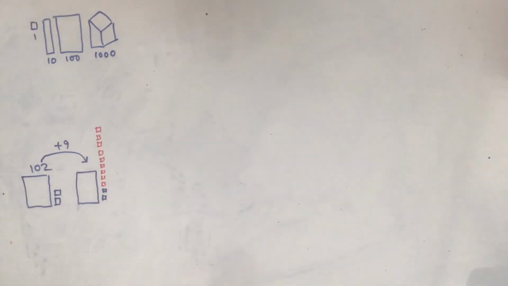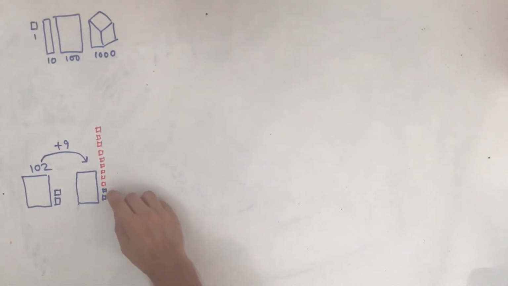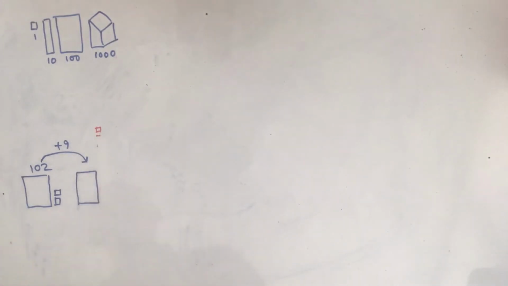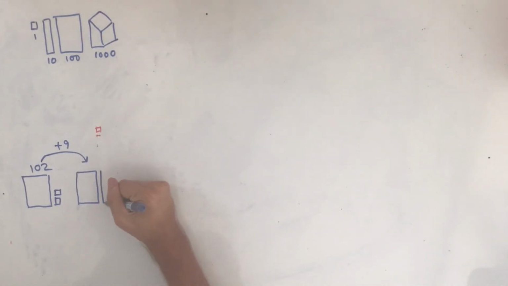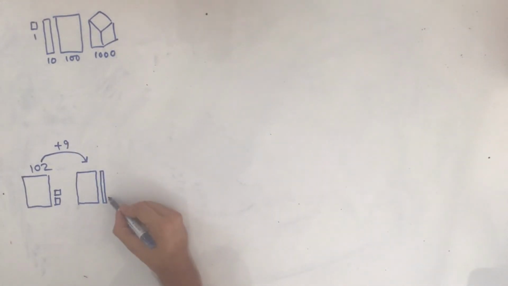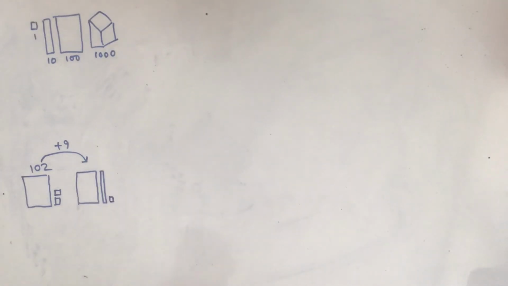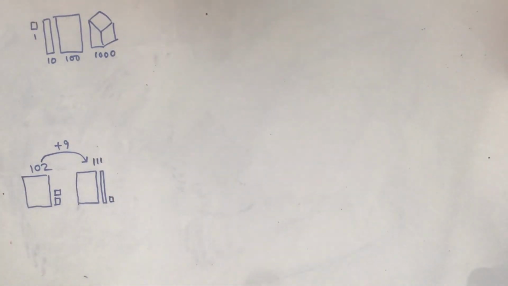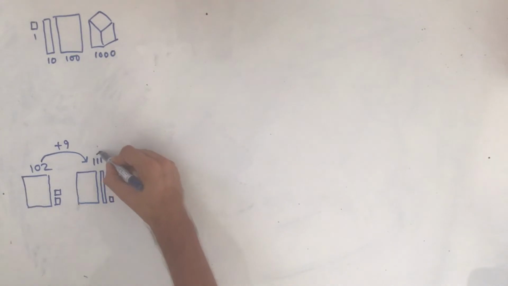I've got a funny feeling we've gone over 10 there, so let's check. 1, 2, 3, 4, 5, 6, 7, 8, 9, 10. Yes. So I'm going to erase that like before. Going to add our 10 in, and I'm going to move that 1 so he's not lonely up there. And there we have 110, 111. Okay, let's add another 9, shall we?